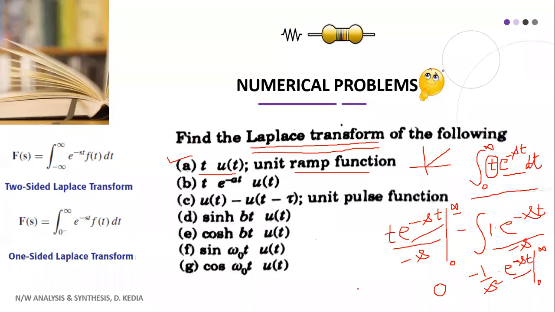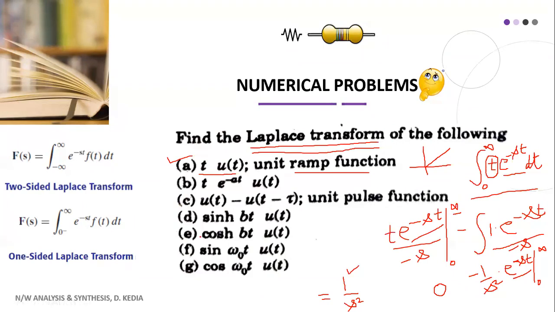Minus minus becomes plus, and we get as an answer 1 by s square. We have also seen in our Laplace transform pairs that the Laplace transform of the unit ramp function is 1 by s square. I hope it is very clear.